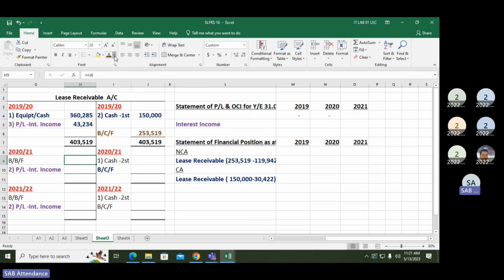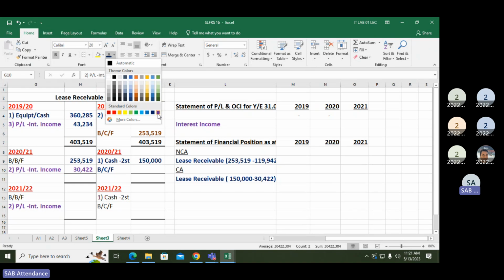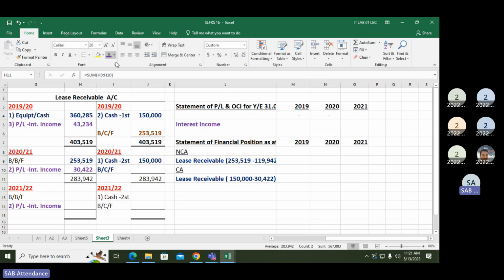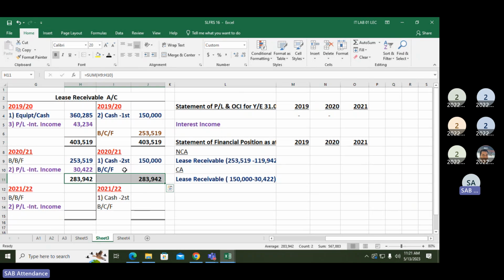Second year, we have the lease receivable opening balance. The second installment we received, debit cash, credit 150. The interest income is 12% of the opening balance. Then we can have the balance carried forward.